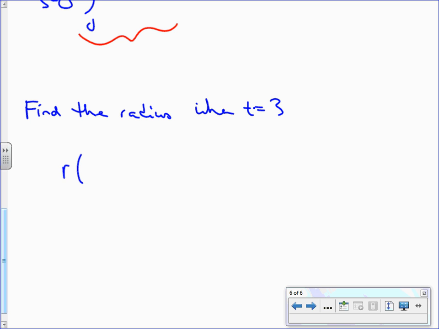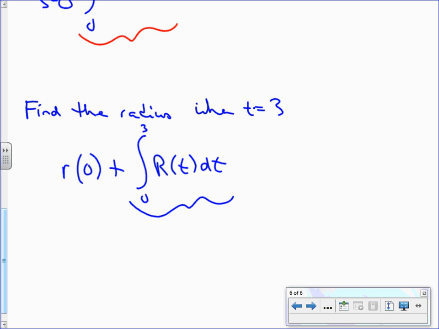So I can start with what the radius was at 0 and add to it the amount of change. How much does this change? And remember, if you want amount of change, you have to put the rate of change in here, okay? All right, and again, the key thing here is to make sure that this matches this.